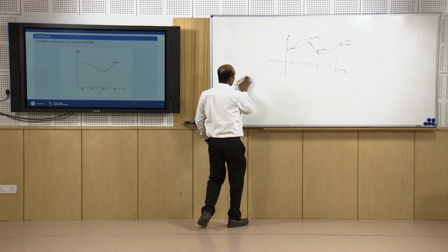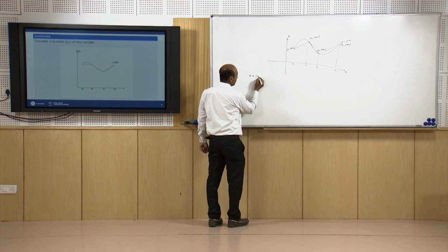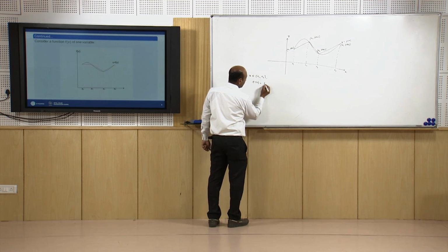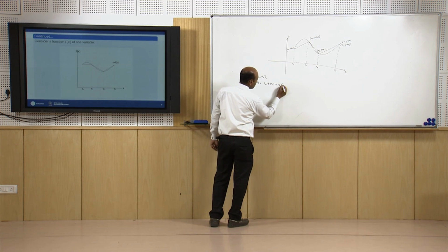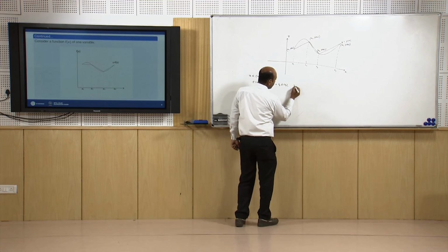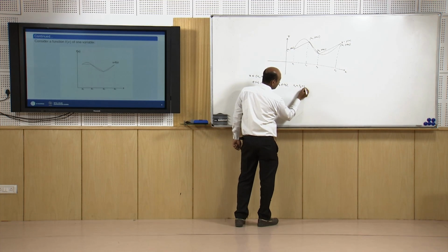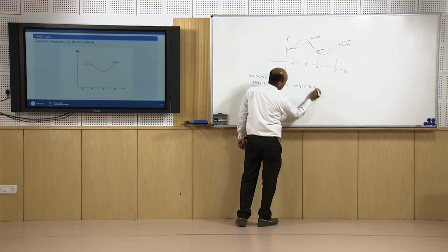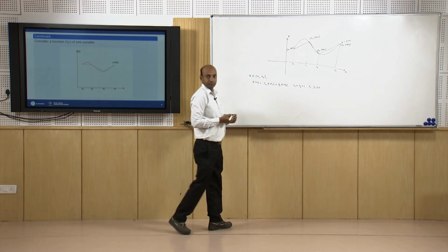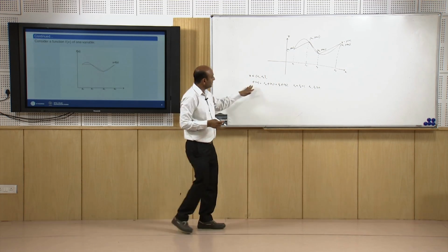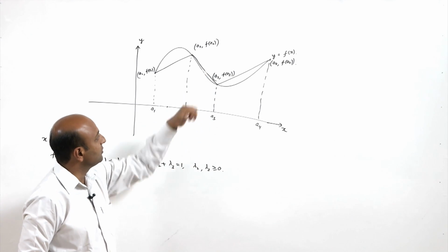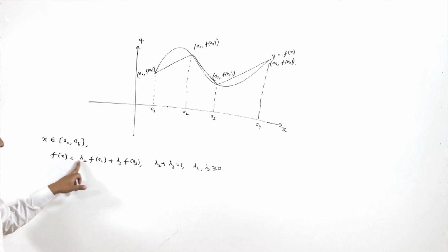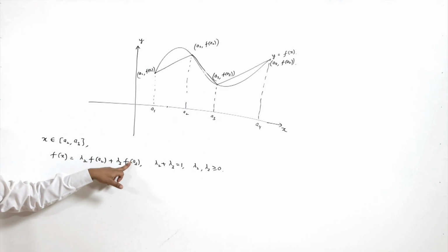Now, similarly if you talk about x in between a2 and a3, then f(x) will be lambda 2 f(a2) plus lambda 3 f(a3), where lambda 2 plus lambda 3 is 1 and lambda 2, lambda 3 are non-negative. On the same lines we can obtain it for x lying in between a2 and a3. So, the corresponding f(x) on this straight line will be the convex linear combination of f(a2) and f(a3).